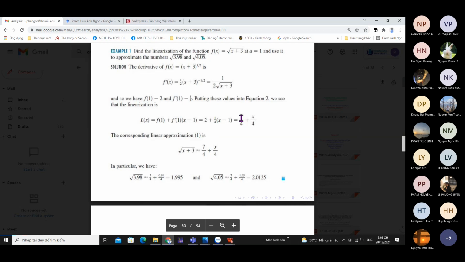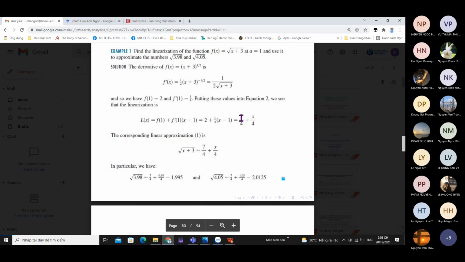Now, to find the equation of the tangent line to the graph of f at the point (1, 2), we have to evaluate the derivative of the function f at 1. It means the slope of the tangent line to the graph of f at the point (1, 2). So here we evaluate f prime of x. It's so easy, right?